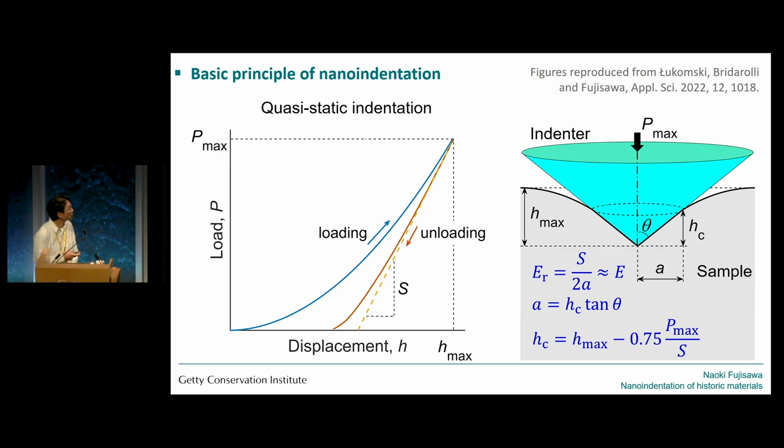And contact depth is calculated from this equation, where you have the depth and the load and the stiffness at the beginning of the unloading, thanks to the work of Oliver and Pharr.